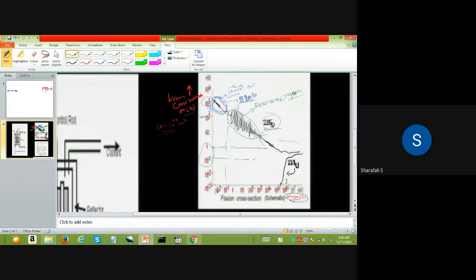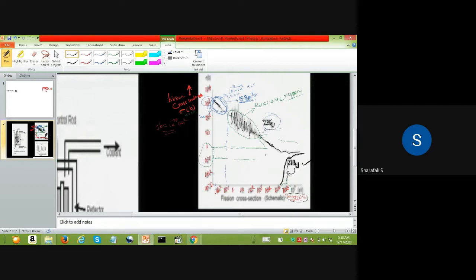It starts from around 10 raised to 5 and has an average of 10 raised to 6 electron volt energy. So neutrons with 10 raised to 5 or 10 raised to 6 electron volt, which is the mega electron volt range, are required for uranium 238 to have some noticeable fission cross section.